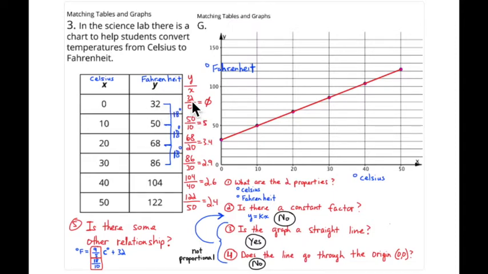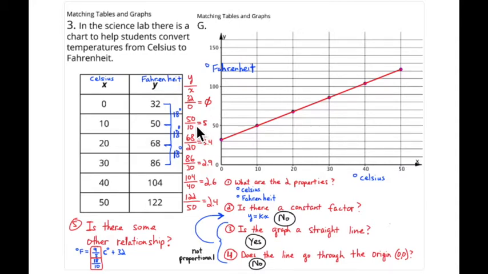And whenever you divide something by 0, there's no result. You cannot divide a value by 0. So this is undefined. So 32 divided by 0 is undefined. There is no answer for that.